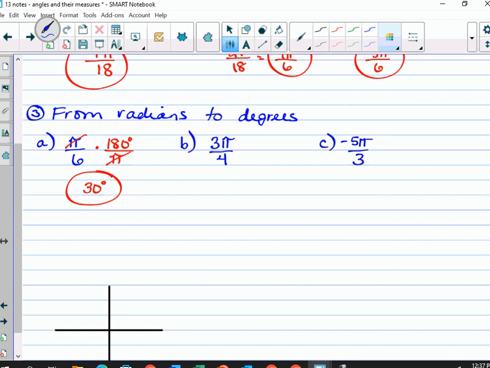So convert those for me. And if you're stuck on dividing, start by dividing by 2 first. Then divide by 2 again if you need to. I don't care how many steps it takes you to reduce as long as you get there in the end.